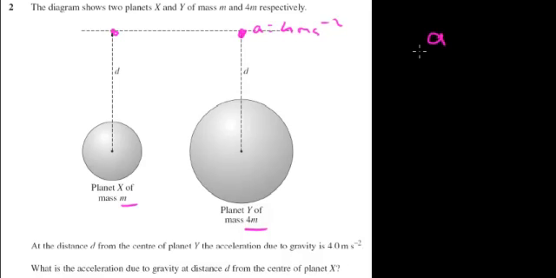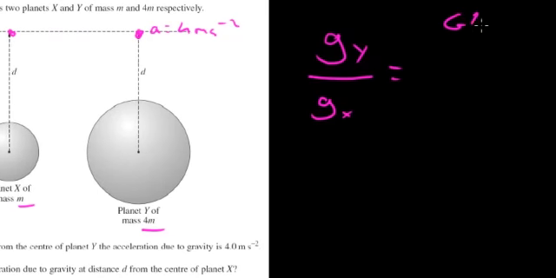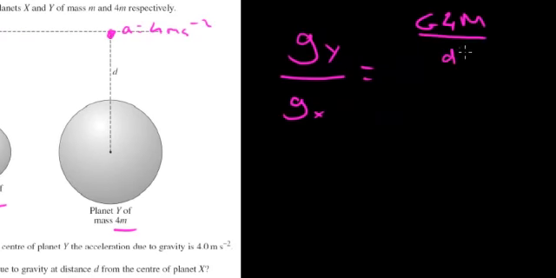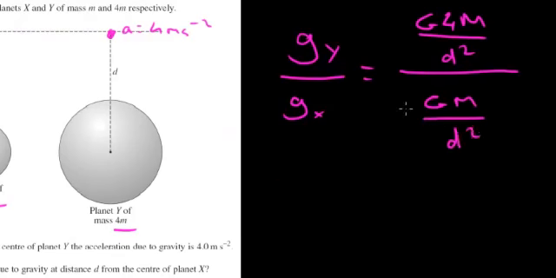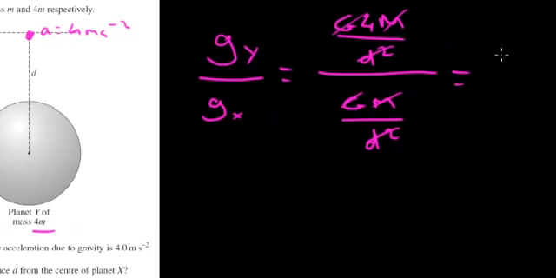Very simple. The gravitational acceleration for Y over gravitational acceleration for X equals G 4m over d squared all over Gm over d squared. They cancel out, so you're left with the ratio of 4. So the gravitational acceleration of planet Y is 4 times more than X.